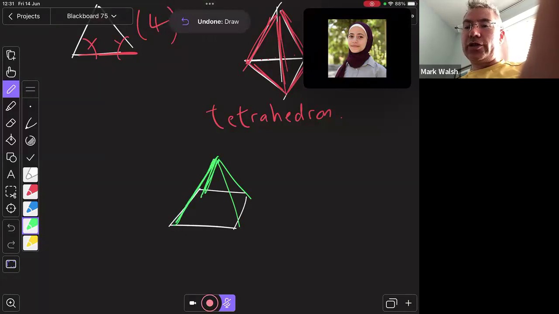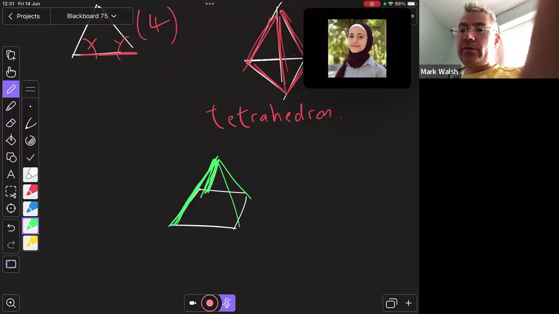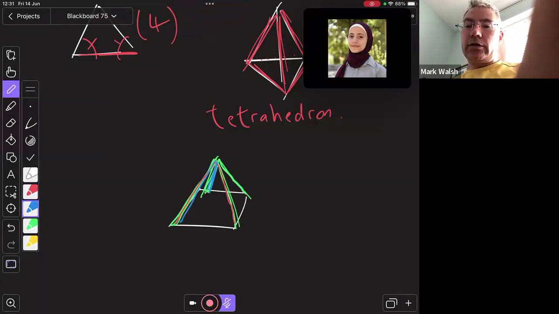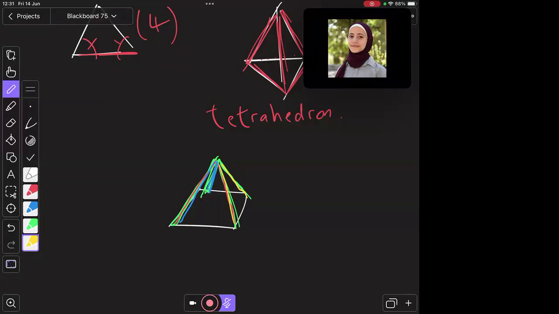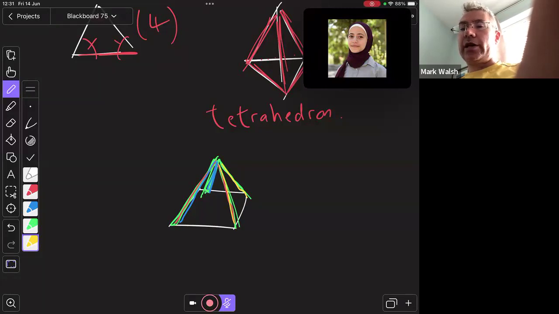It's hard to draw on this thing. There are 4 triangles here. Just to be clear, that's one triangle at the front. There's another triangle here at the side. And there's another triangle here, and then there's one at the back. Can everyone see the 4 triangles? Yeah, we can see it. Great. So now we all agree that's not regular, yes?